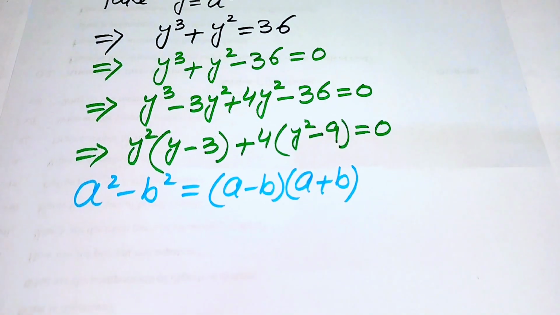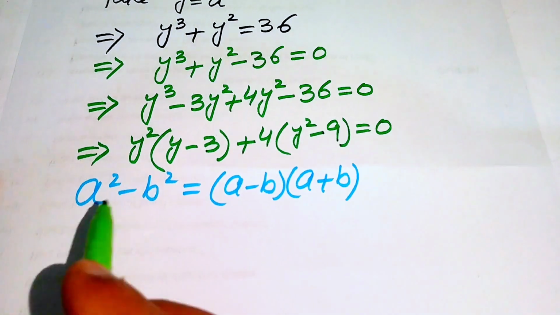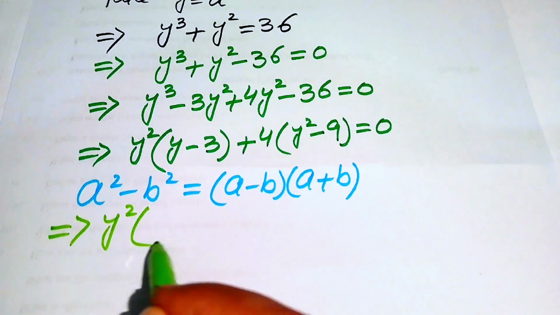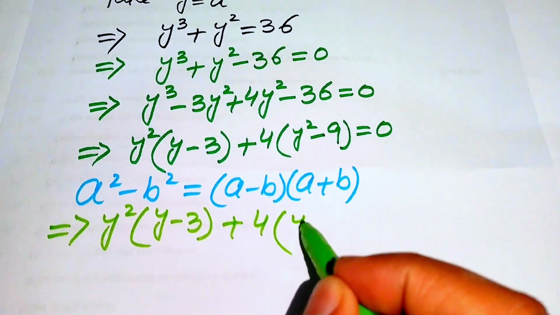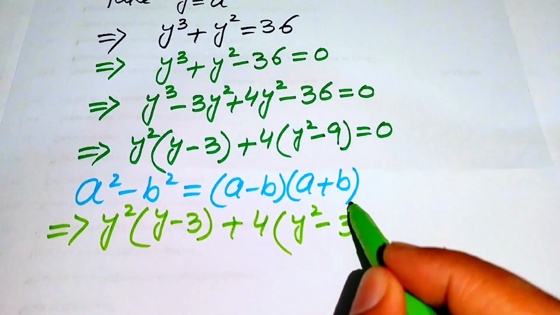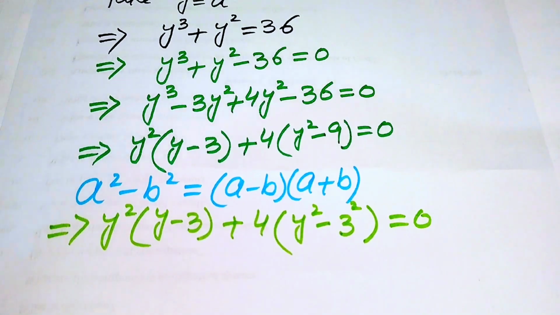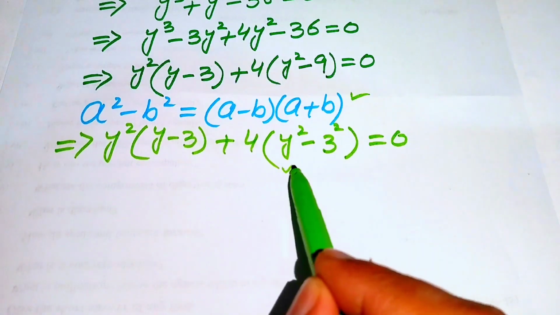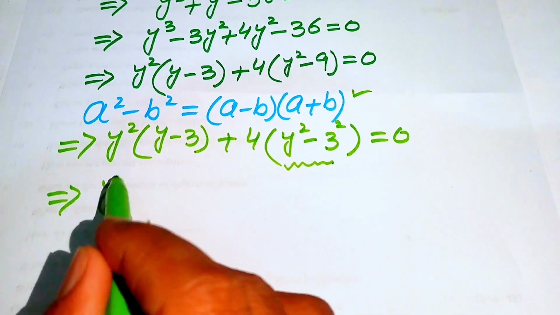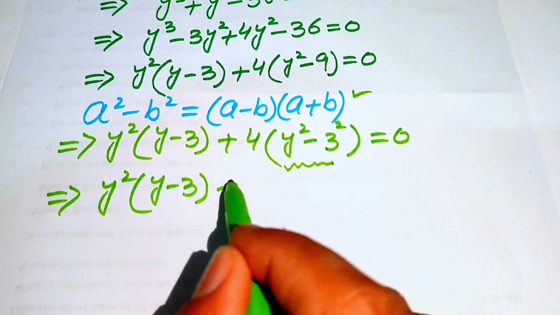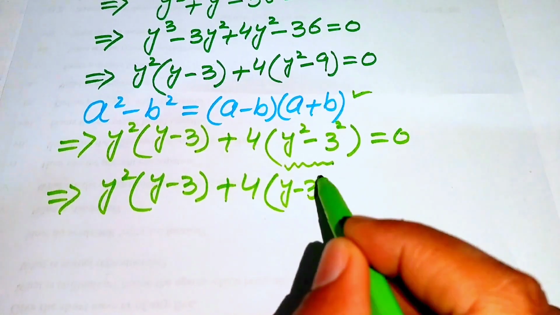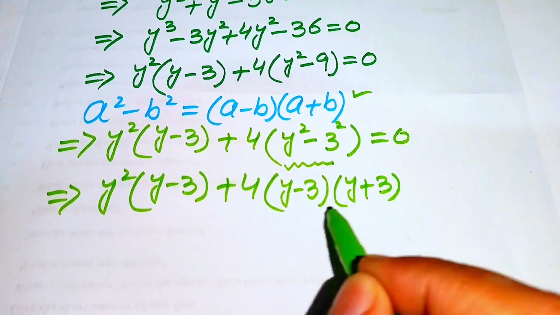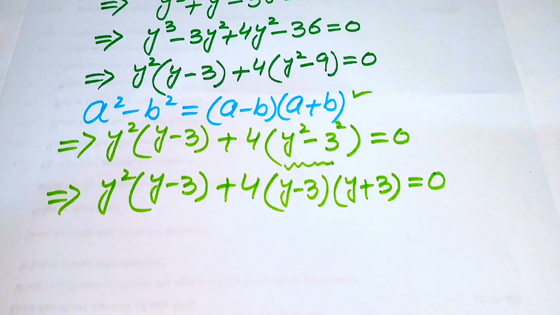We use this identity in the above term, and our equation becomes y square into y minus 3 plus 4 times y square minus, we write this 9 as 3 square, and this whole equation equals 0. Using the identity, y square minus 3 square becomes y minus 3 times y plus 3, and this whole equals 0.